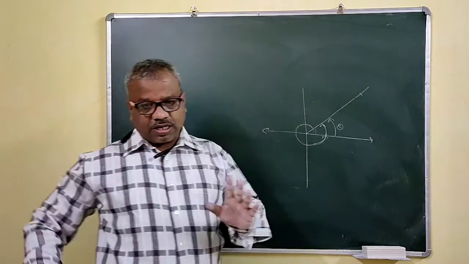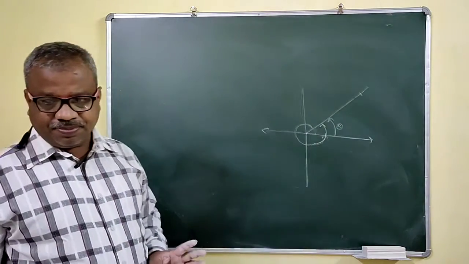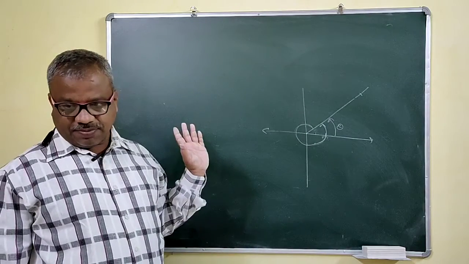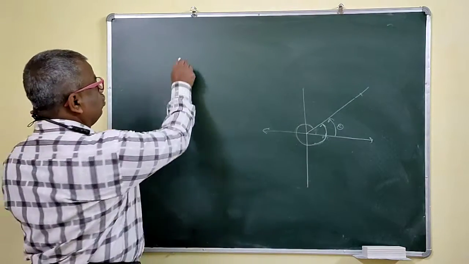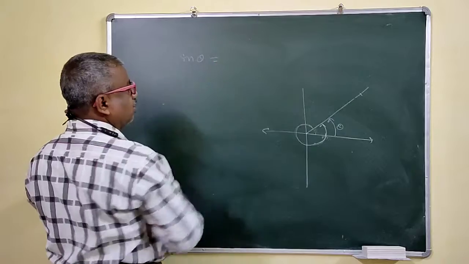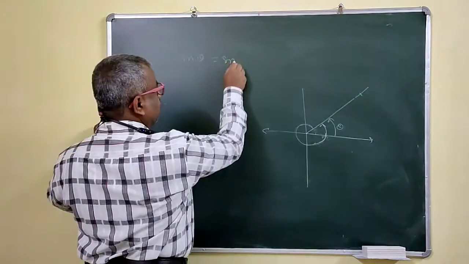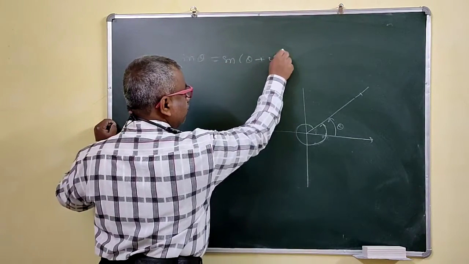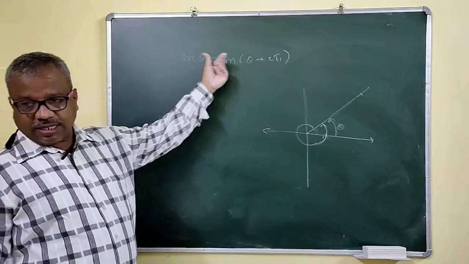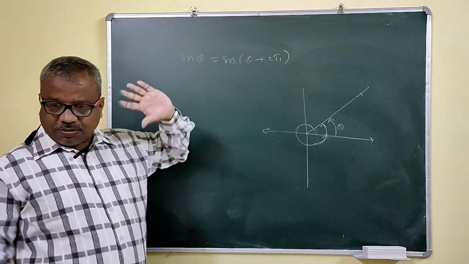Now you know that if the terminal rays of the angles are the same, then their trigonometric ratios are the same. That means sine theta is the same as sine of theta plus 2 pi, because theta and theta plus 2 pi are coterminal angles.